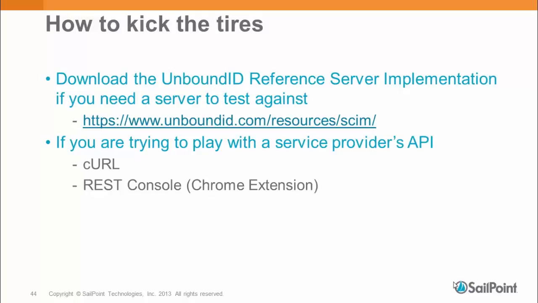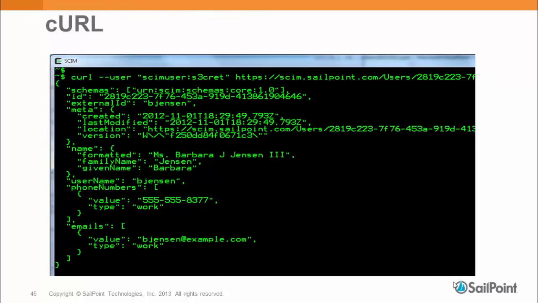If you're going to play with it, the ground zero easiest way is to use just some REST tools that are out there, curl or REST Console. Curl is used often for testing REST APIs. It's just a command line utility to make HTTP requests. So here we're doing a GET to grab Barbara Jensen, like we have been through curl.